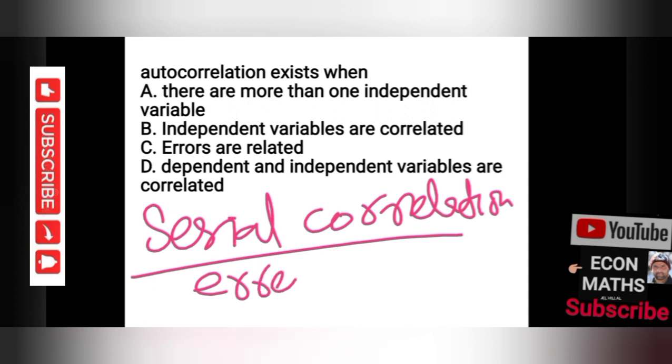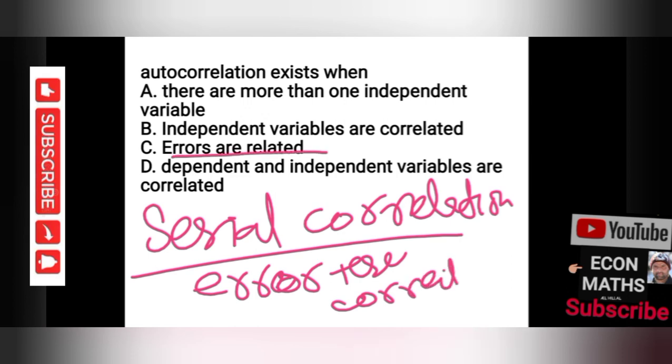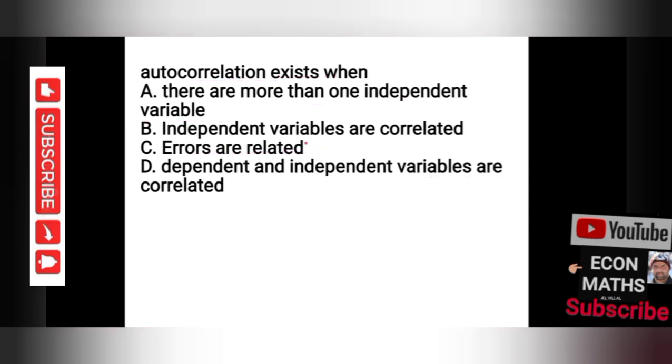So the correct option is option C. More than one independent variable is the case of multicollinearity. So the correct option in this case is C, that is in case of autocorrelation, errors are related or correlated.